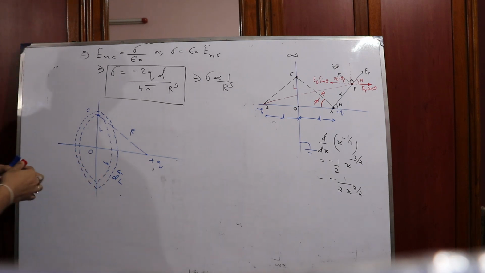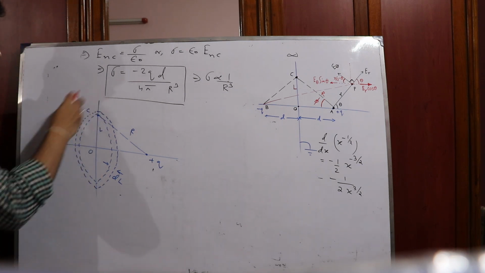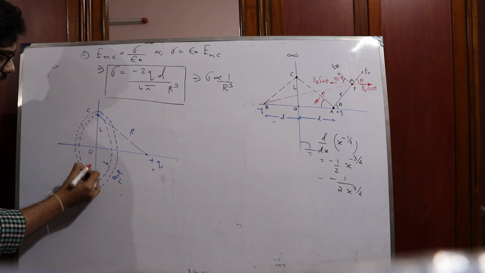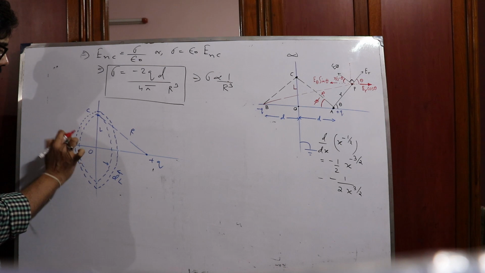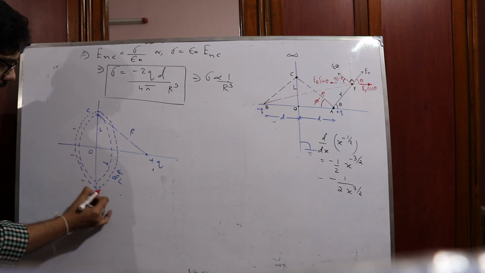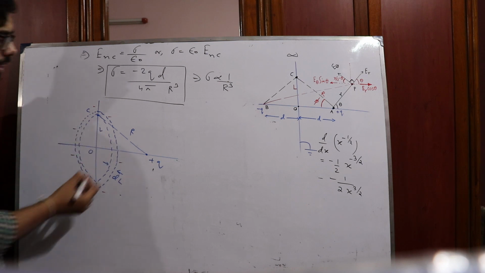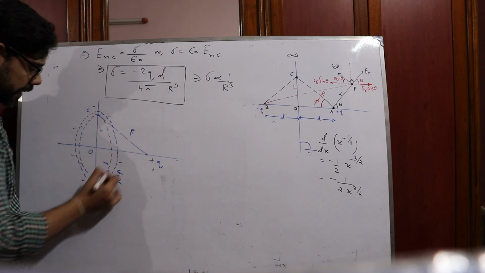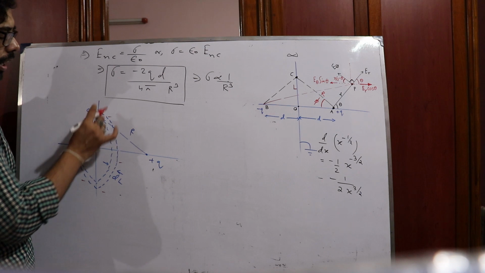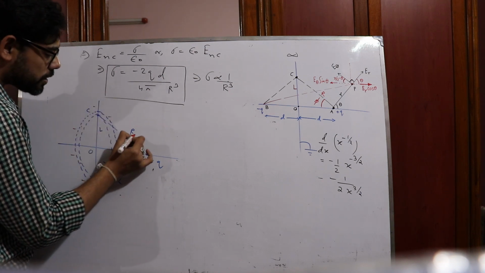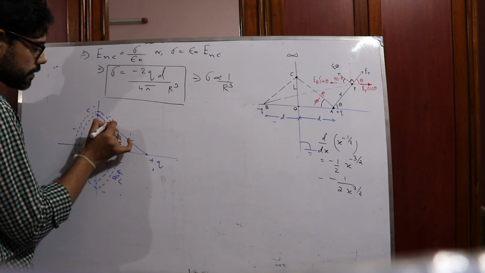Please see, this ring that I have considered, it has some negative charge. So the negative charge will attract q. So this q, because of this infinitesimal ring, a ring of infinitesimal thickness, will experience some force, say dF.